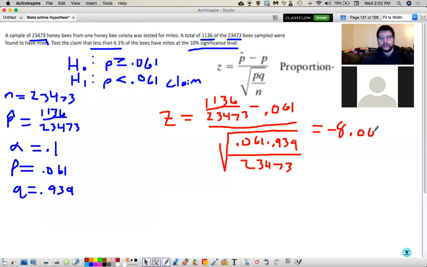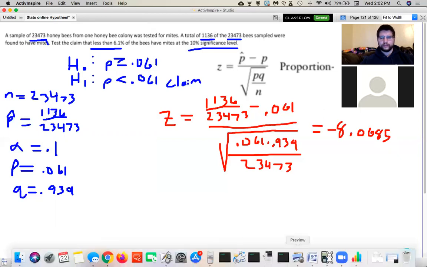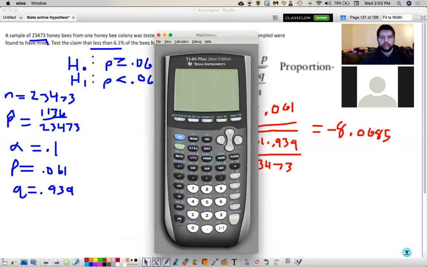Let me just type this in the TI, make sure I didn't type something in the calculator wrong here. Stat, test. For a P test, we're going to do another A. Oh, no, that's the interval. We're going to do a number 5. So P naught, that's P, 0.061. X, that's the numerator here.